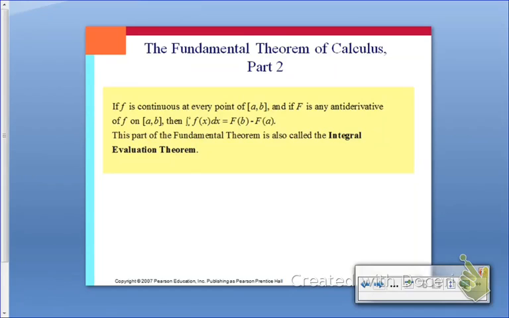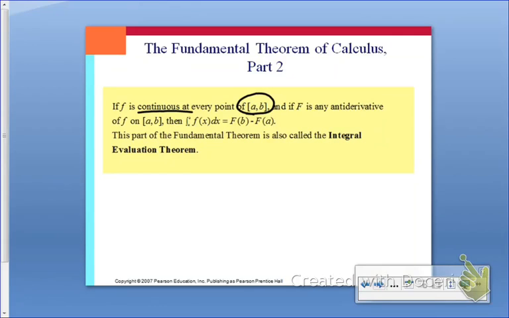All right, so our second part of the fundamental theorem of calculus, they call this part 2 in our textbook, is defined the following way. If f is continuous at every point of the interval, this is a very specific interval that you'll be given, then capital F is an antiderivative of the function f on the same interval from a to b.